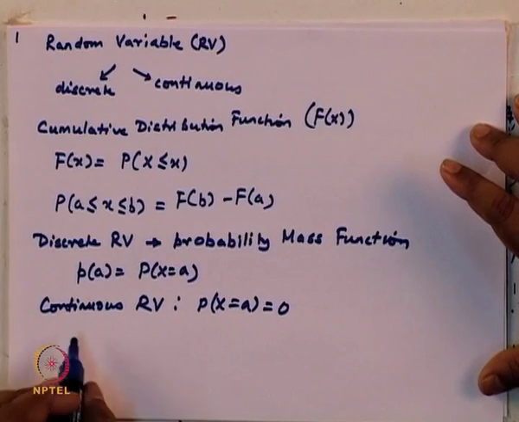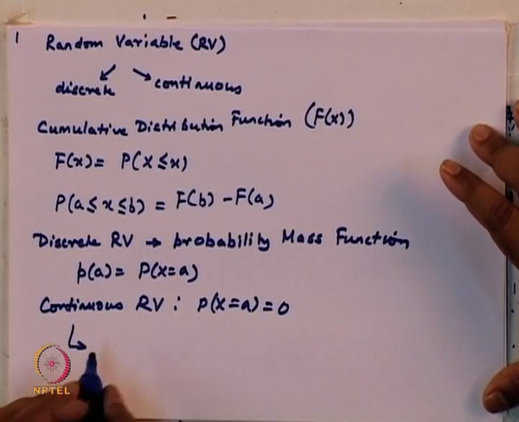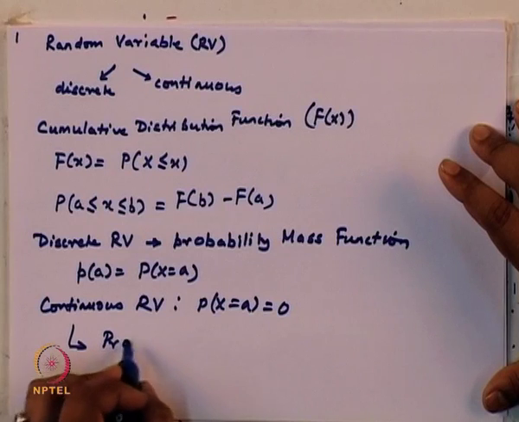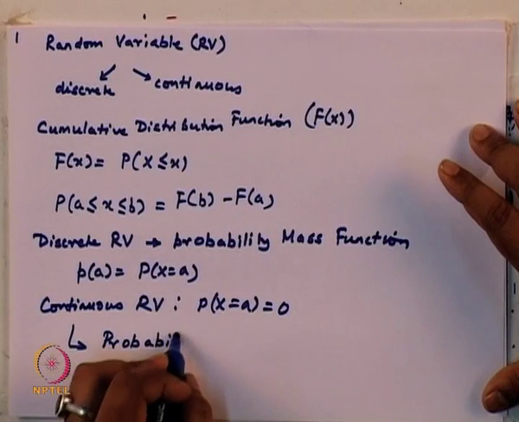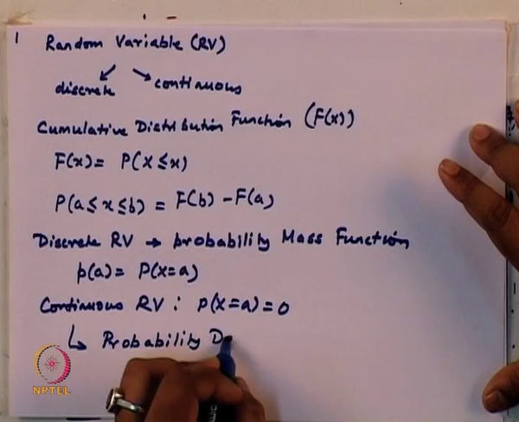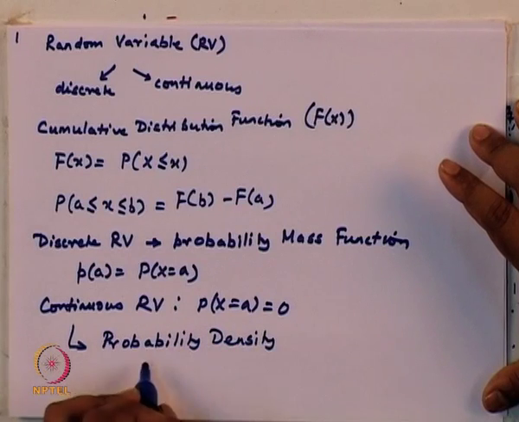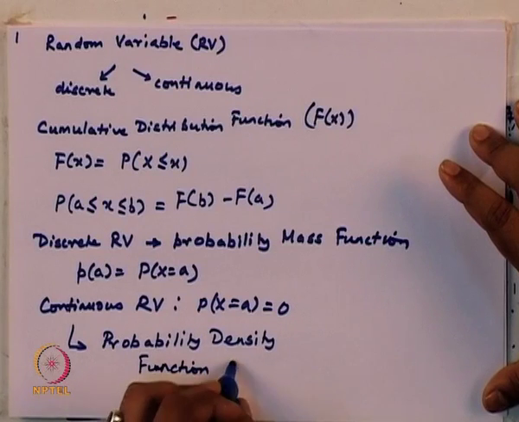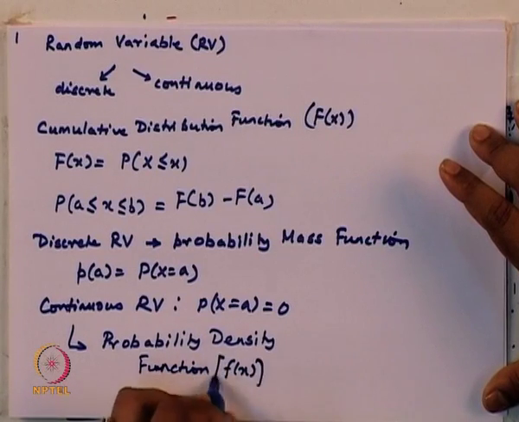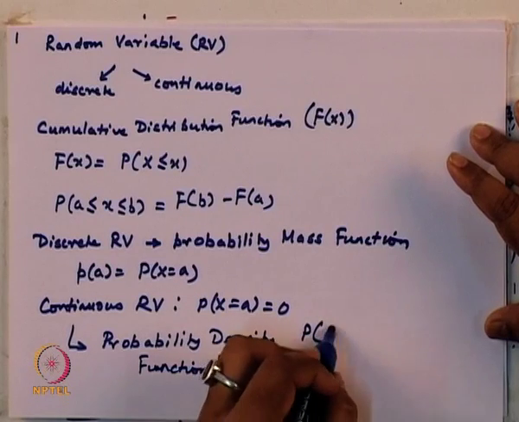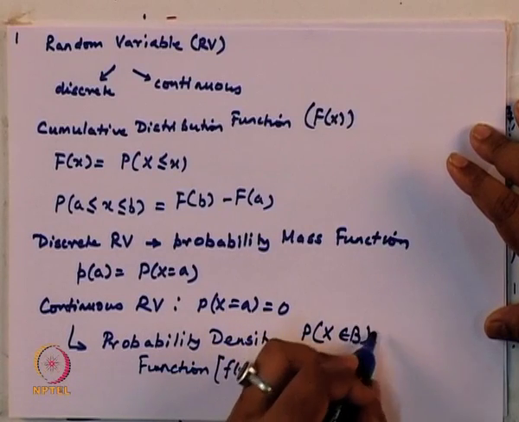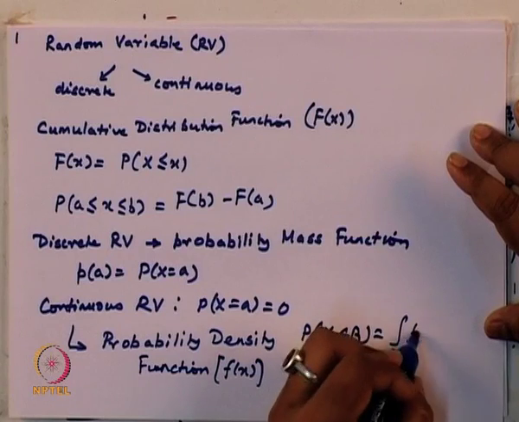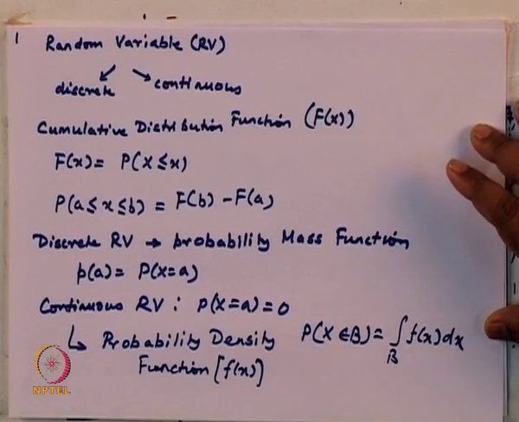Why is this? Because for a continuous random variable, you have the concept of a probability density function, written as f of x. So, the probability of x in an interval a to b is defined as the integral of f x dx over that interval.